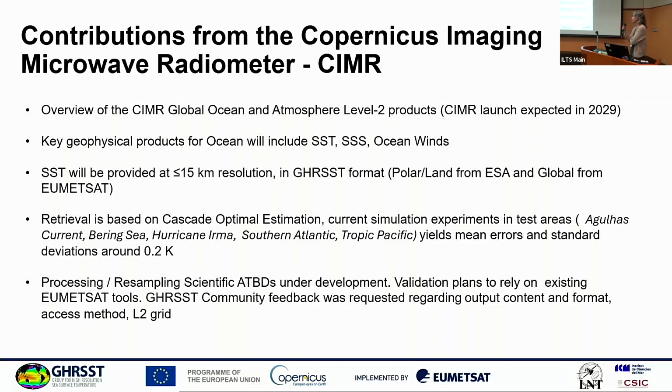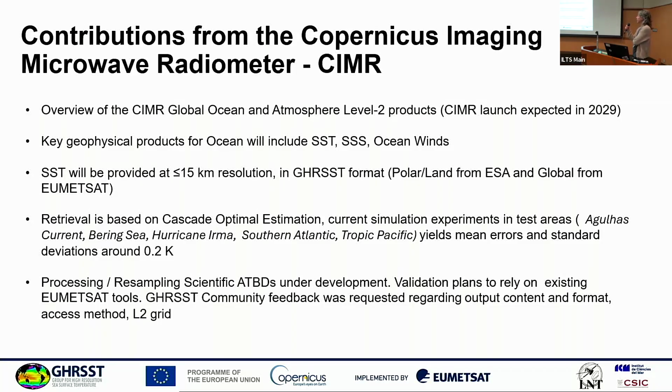SST will be provided at a resolution less than 15 kilometers in GRIST format. The retrieval is based on the cascade optimal estimation, and there are ongoing simulation experiments in test areas such as the Agulhas current, the Bering Sea, various places that yield mean errors and standard deviations around 0.2 degrees Kelvin.